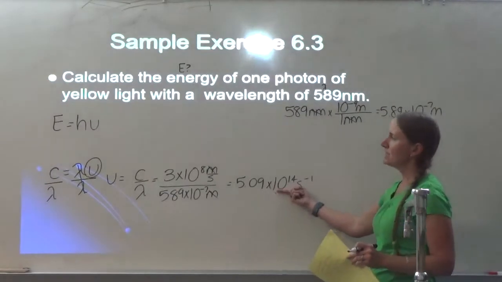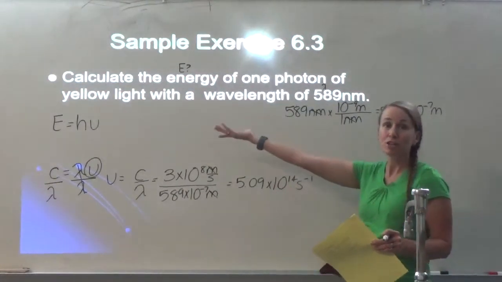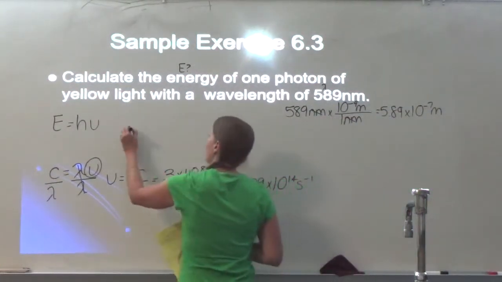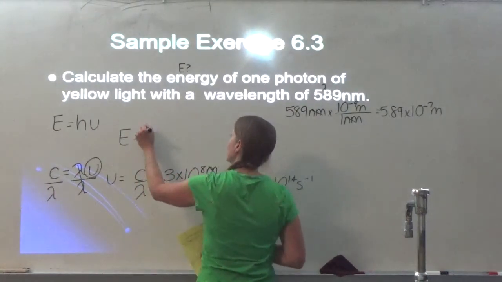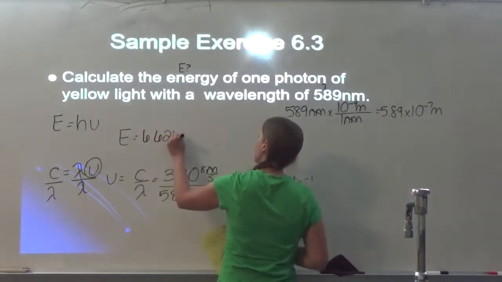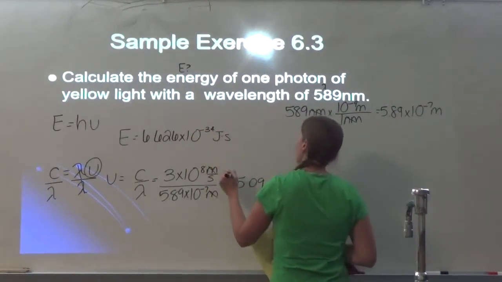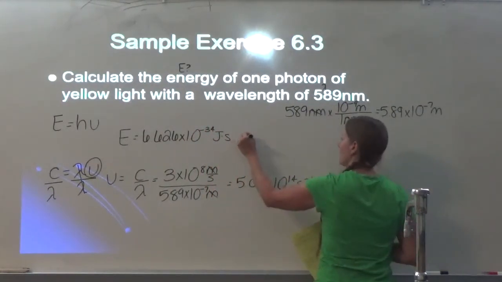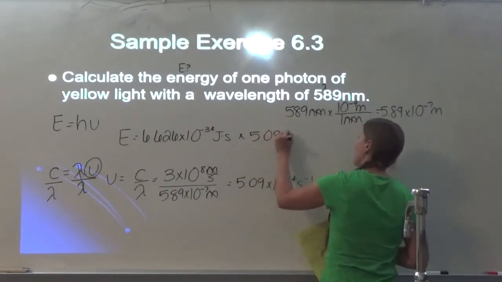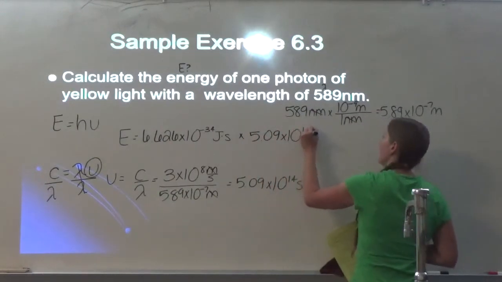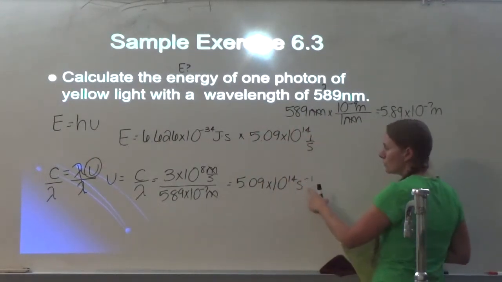Once I have frequency, now I can plug into my energy formula. Okay, so I know energy is Planck's constant, which is 6.626 times 10 to the negative 34 joules times seconds. And I multiply that by my frequency, which is 5.09 times 10 to the 14. I'm going to call this 1 over second for now.